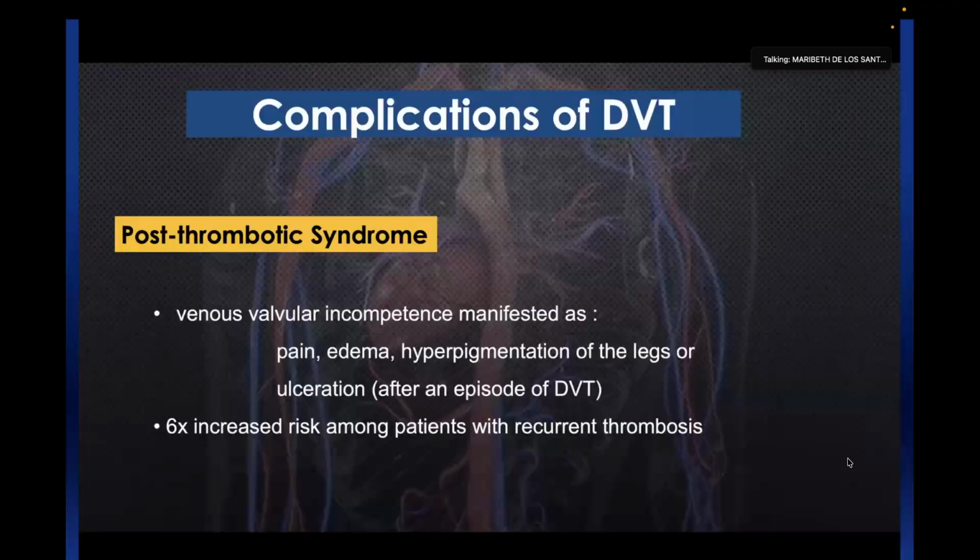Organized thrombus usually damages the valves, making them less compliant to close, producing non-coaptation of the vein valves, producing backflow of blood to the lower extremities, which later on may lead to leg edema, hyperpigmentation, brown discoloration of the skin, and may lead to ulceration.